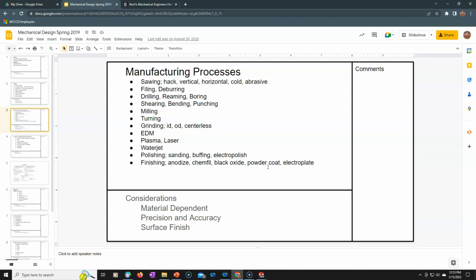Sometimes they need a base coat. Electroplating, chrome being the kind of a general electroplating process, usually needs to have a base of nickel attached to the material first. So different levels, different processes depending on what you want to end up with.